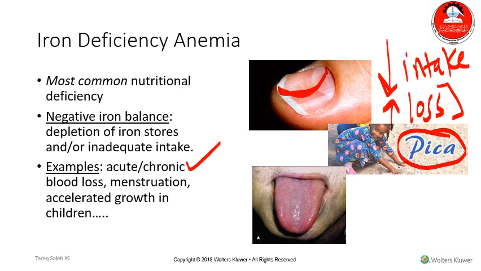Those children will literally start putting sand in their mouths. And lastly, patients with iron deficiency anemia can develop soreness and cracking at the angles of the mouth, and glossitis as well. Okay, so these symptoms are characteristic of iron deficiency anemia.